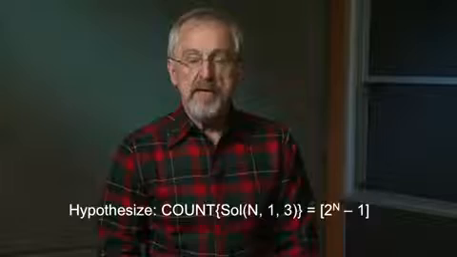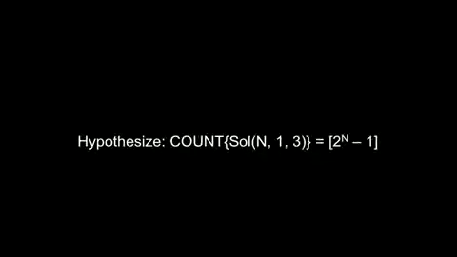Suppose we hypothesize that the count for an arbitrary n number of disks is 2 to the n minus 1. So if it were, let's say, n equals 5, 2, 4, 8, 16, 32, subtract 1, that would be 31 moves, okay? Suppose we hypothesize that the count for the n disk problem is 2 to the n minus 1.